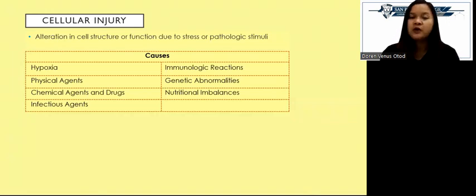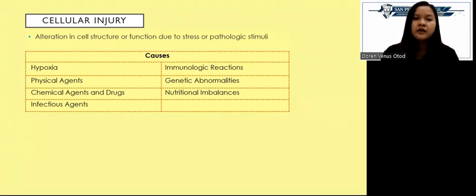First, we have hypoxia. When we say hypoxia, there is loss of oxygen level on that specific organ or on that specific cell. Next, we have physical agents. This can be due to accidents, any form of physically induced injury on the body. Another one, we have chemical agents and drugs that can be harmful to our body.